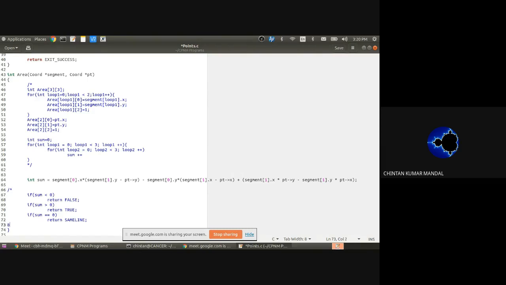The clue is basically working with a ternary operator. Can anybody tell me how can you do it with a sum in a single line? Any idea?